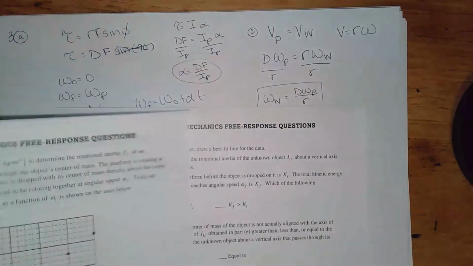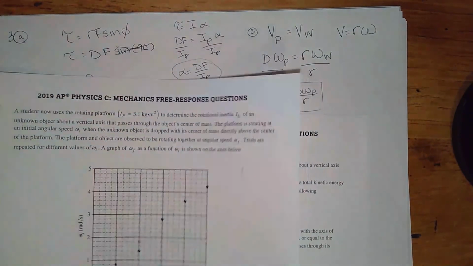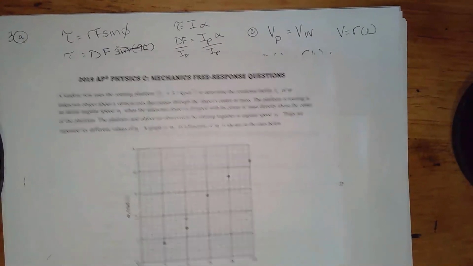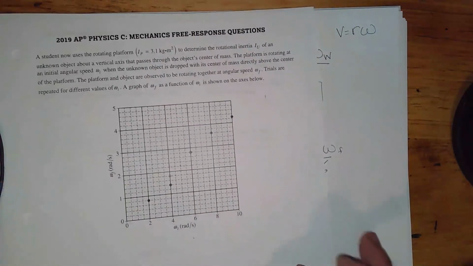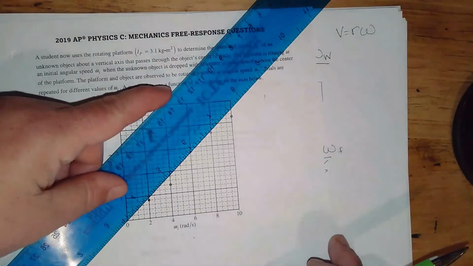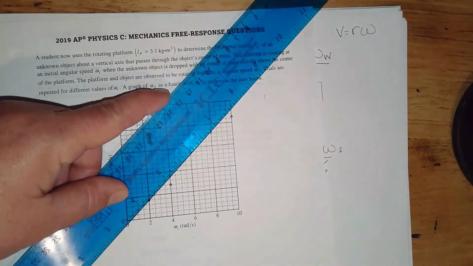And it says, on the graph on the previous page, draw a best fit line for the data. I'm not going to draw on my page because this is my original, but there's my best fit line, something around there, and I'm just going to draw that straight line.